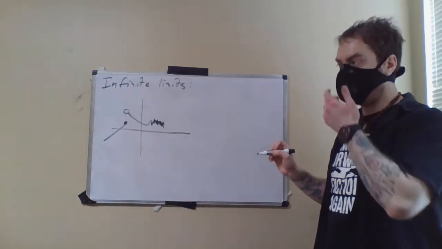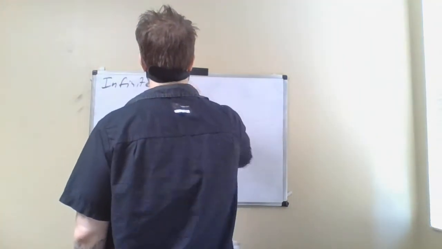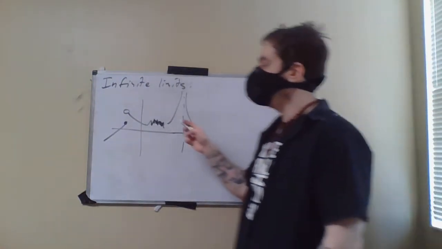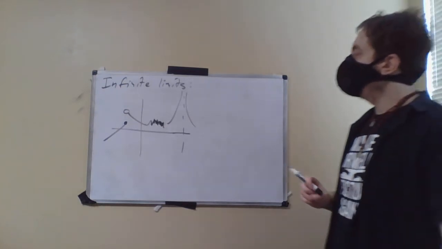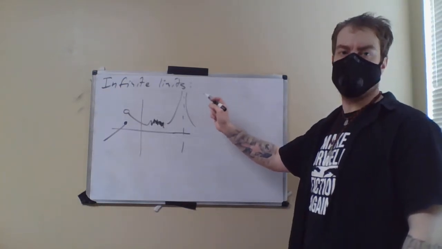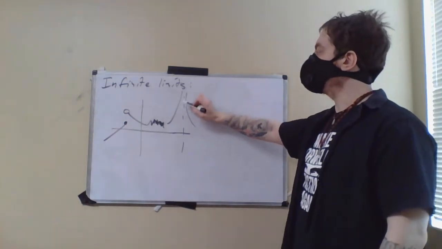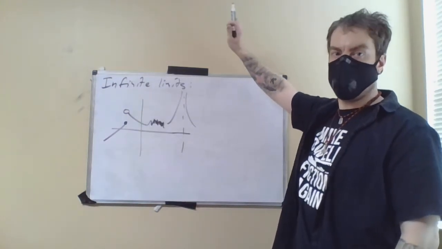But a third way that I could fail to have a limit is maybe I've got something like this, where I have a vertical asymptote. And if I have a vertical asymptote like that, that's kind of a different matter than what we have in these other cases. And so we consider a situation like this to be an infinite limit. If at a given point the function gets arbitrarily large, we will consider that an infinite limit.